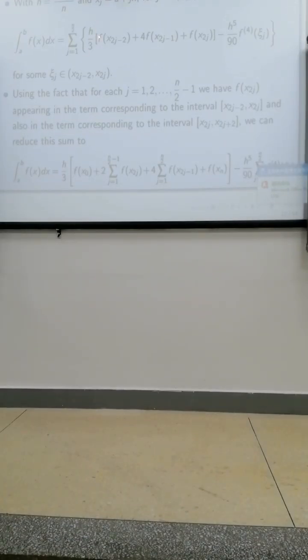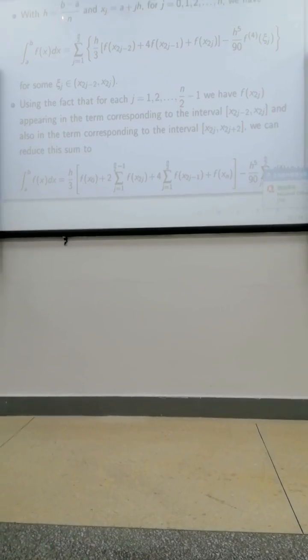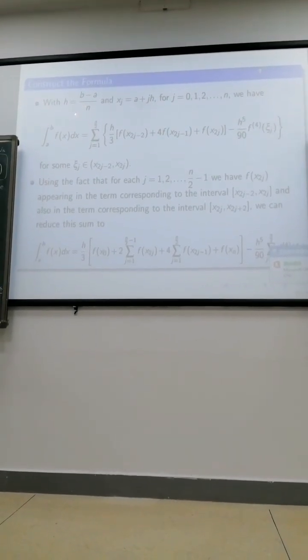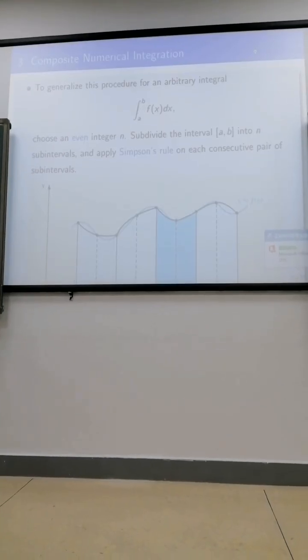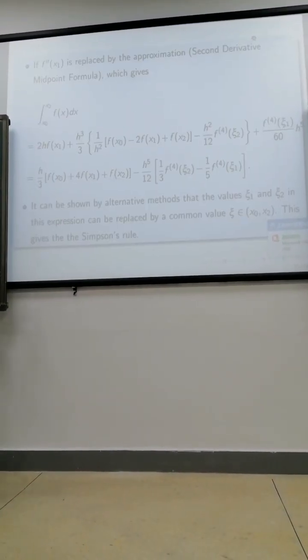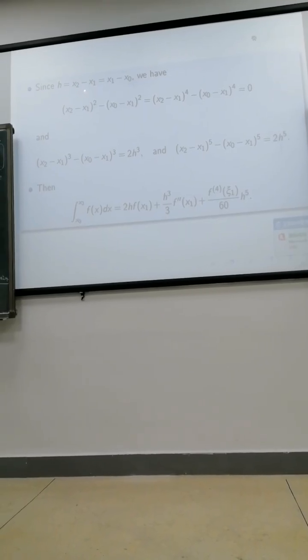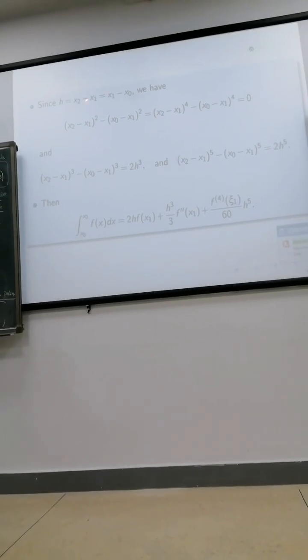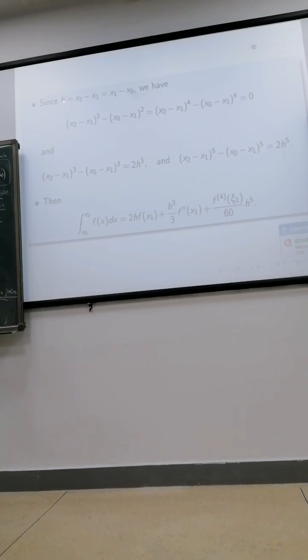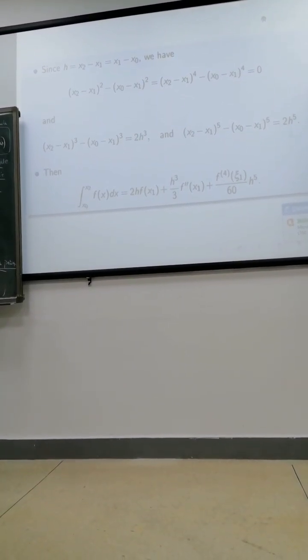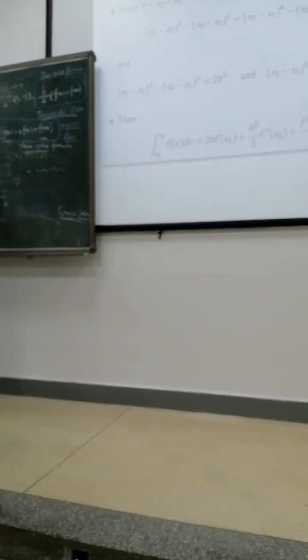So here Simpson's rule should be a half of this one. From here we know this h should be the half length of its unit, right? So this h is this one. This h bar is this one.